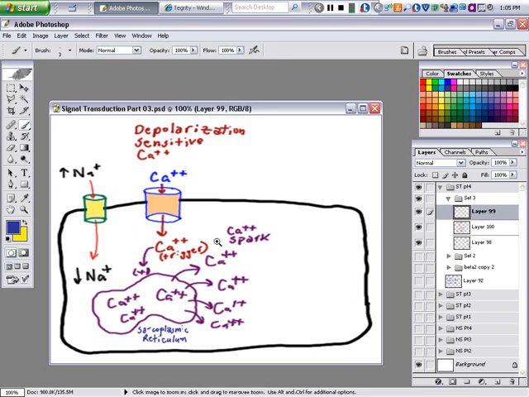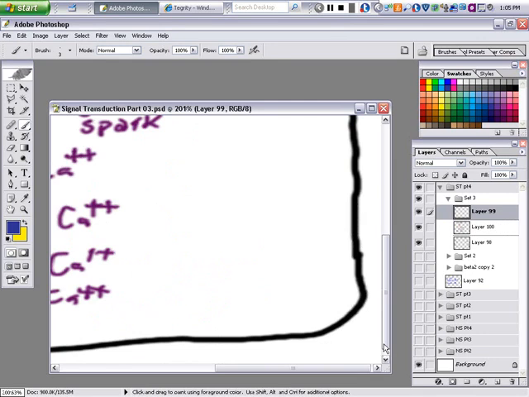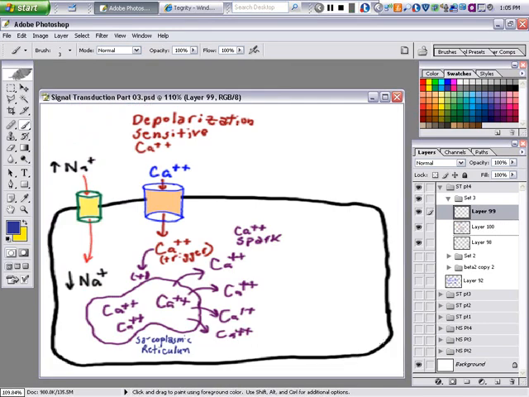Now we're almost at the end. And it's this calcium. Okay, we're going to stop there because it's going to get kind of interesting right here.